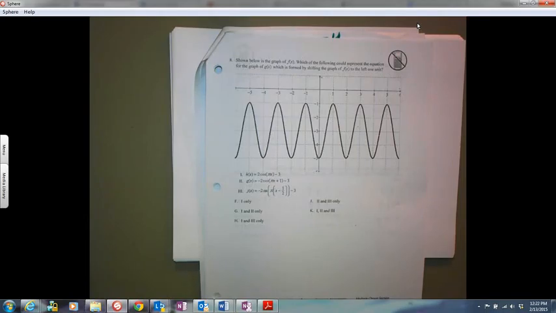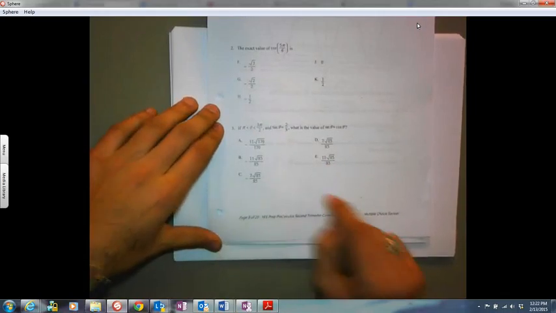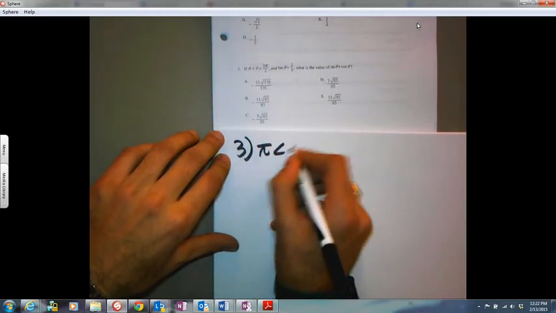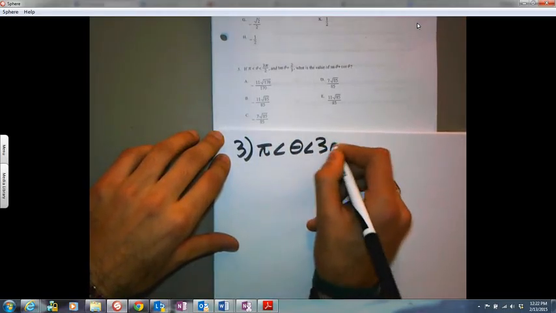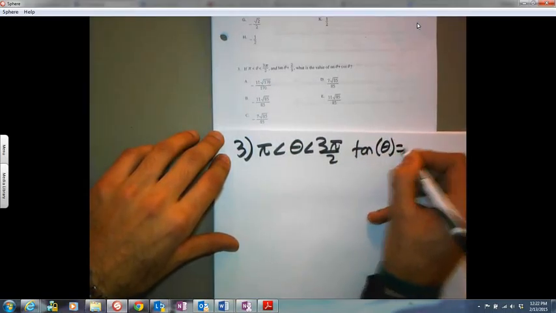On 3, the most commonly missed answer was E. A lot of people chose E. That was probably the most commonly missed answer, but B is correct, and we will find out why. They tell me, number 3, that pi is less than theta, which is less than 3 pi over 2, and tan theta is 2 over 9. Now, here's the key, folks.